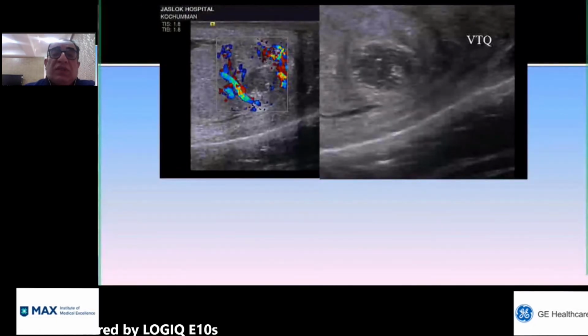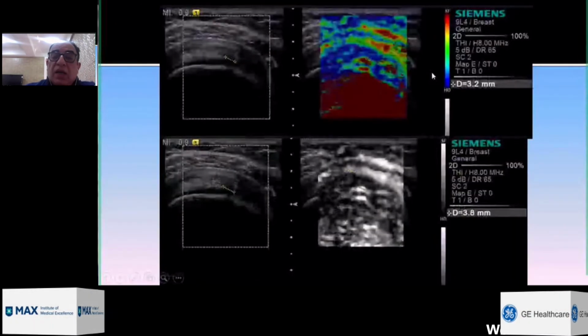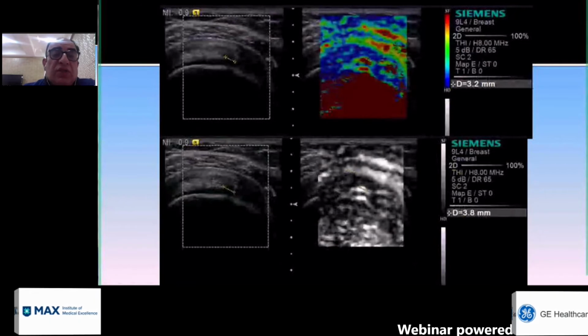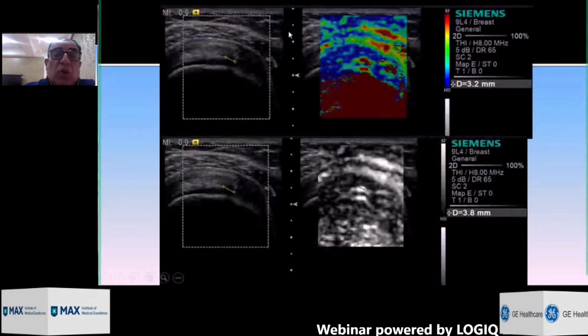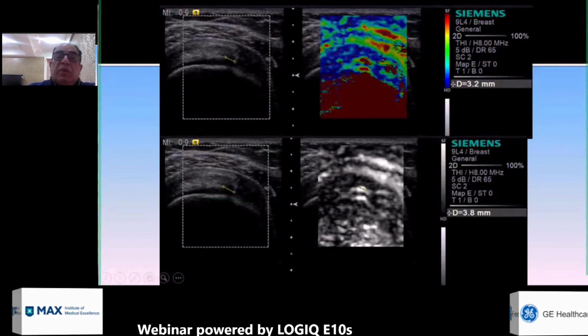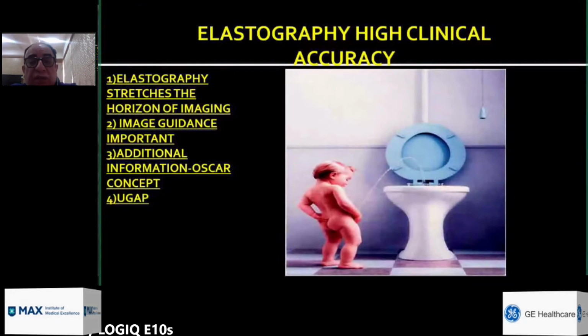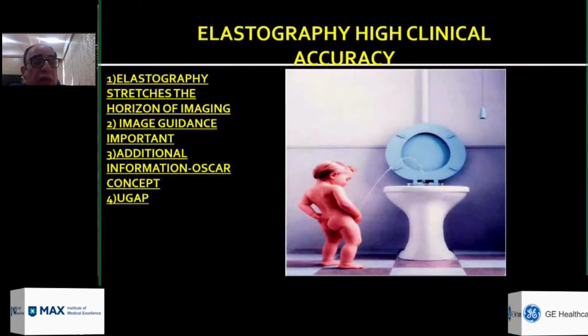We use it for the testes to identify chronic abscesses. In musculoskeletal imaging, in the supraspinatus, there's a small tear highlighted as a white area and a red area on shear wave imaging. So there are a lot of other elastography techniques which can improve our clinical accuracy.